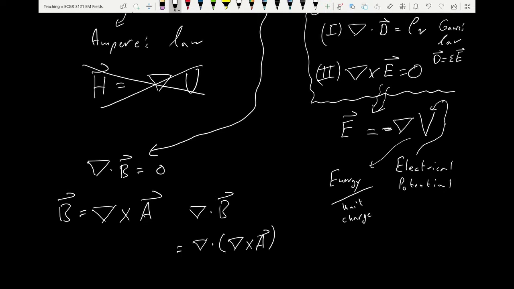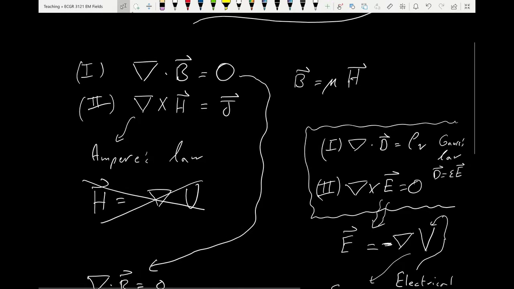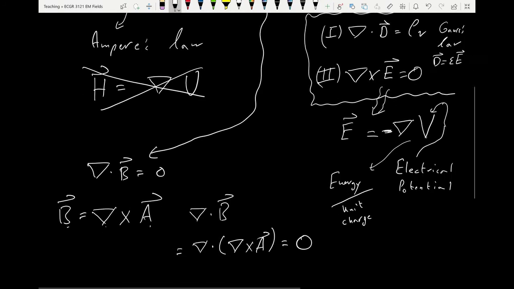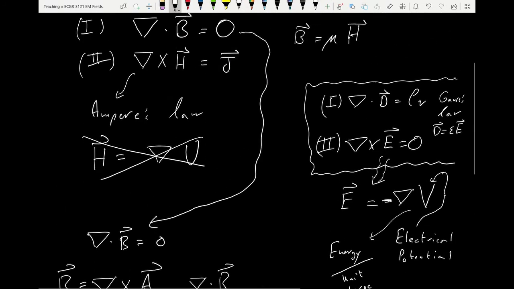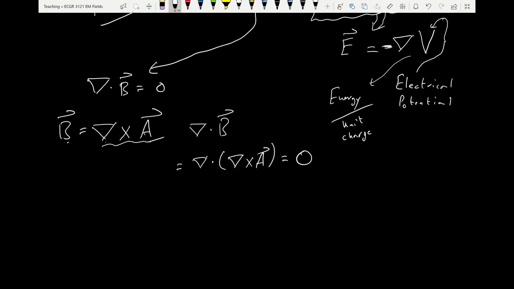This is one of the null identities of vector calculus: the divergence of a curl field is zero. So if we write B as the curl of some other field, we by default get the first postulate, because if we take the divergence of this, we will get zero. So this opens up now the definition of the magnetic vector potential.